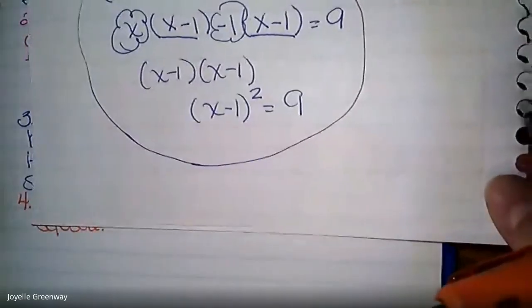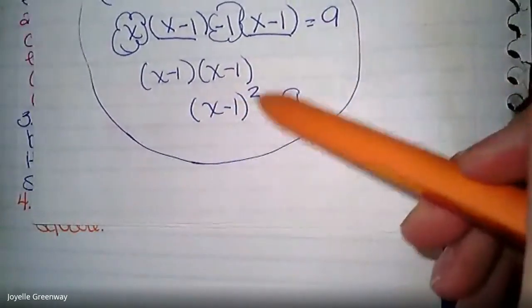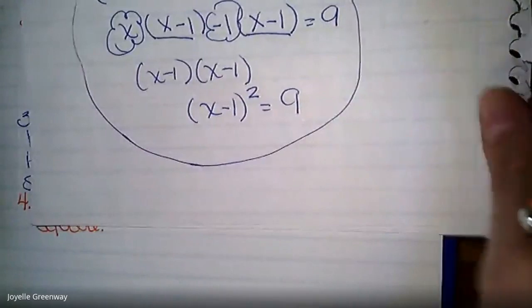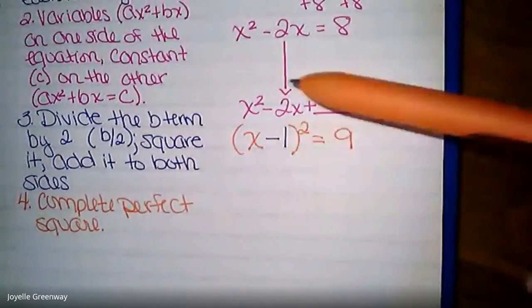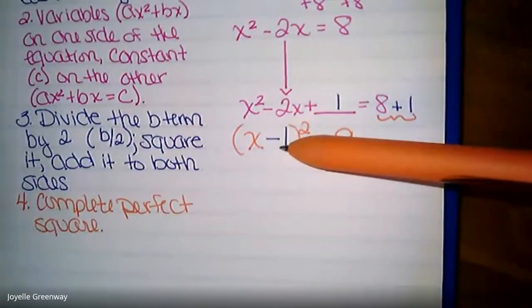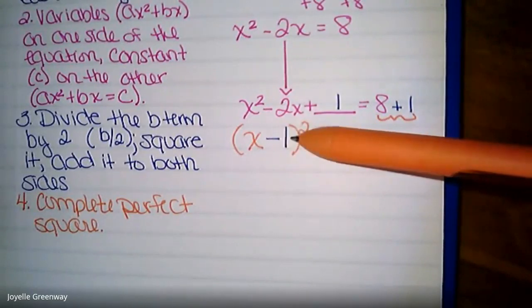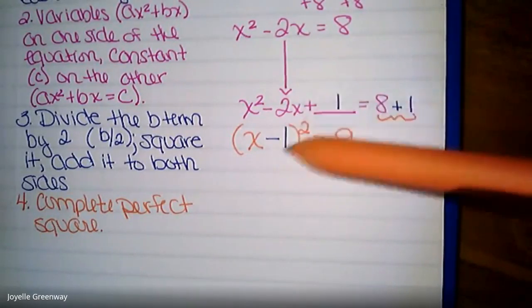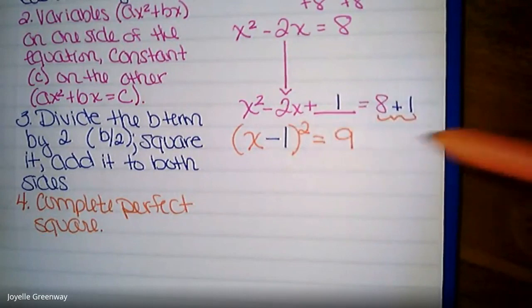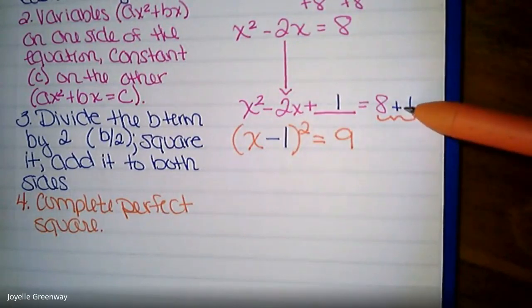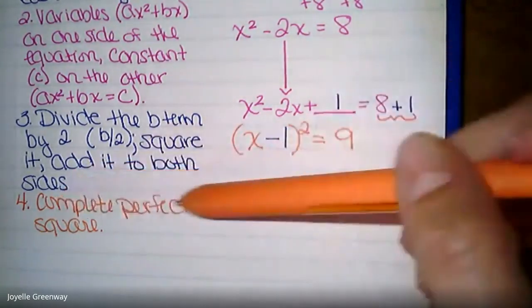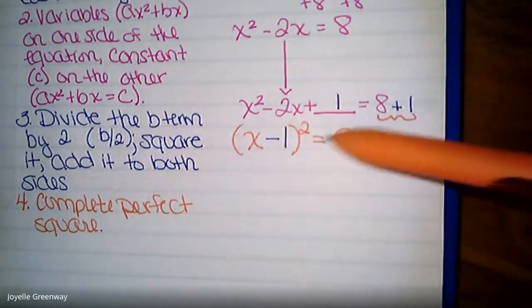So we have the same thing, right? X minus 1 squared equals 9. Here's my shortcut. Write down half of b, which was negative 1, right? And then we squared negative 1, plus 1. We added it to the other side, plus 1. So step 4 is to complete that perfect square by doing the shortcut.